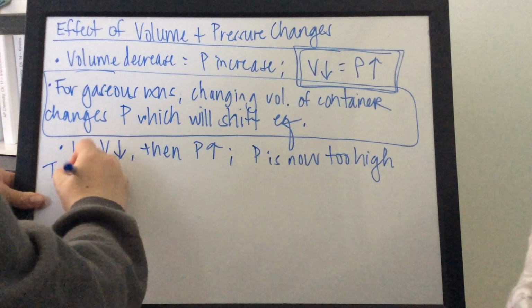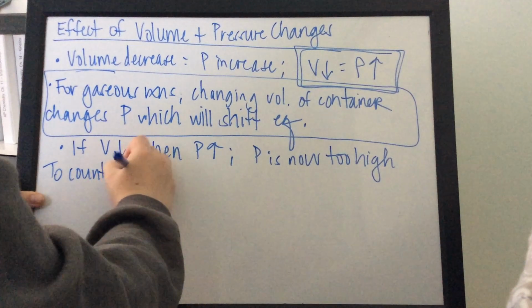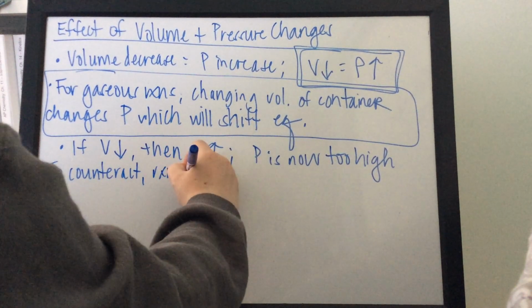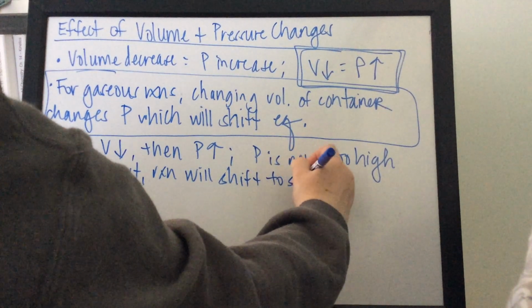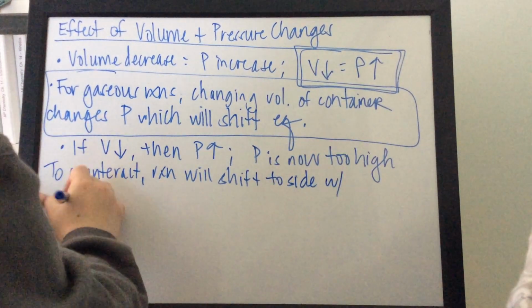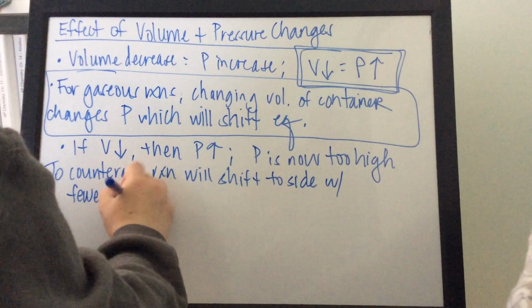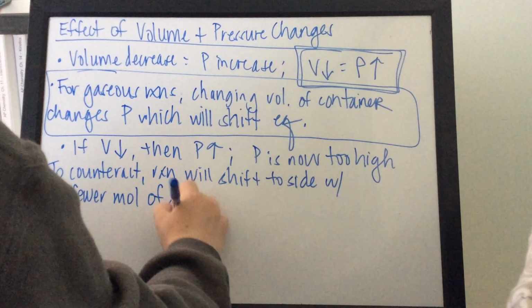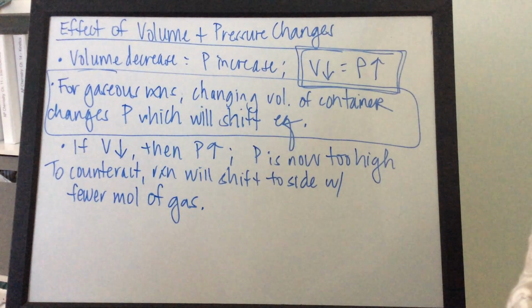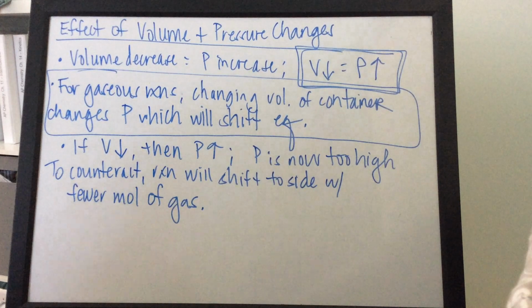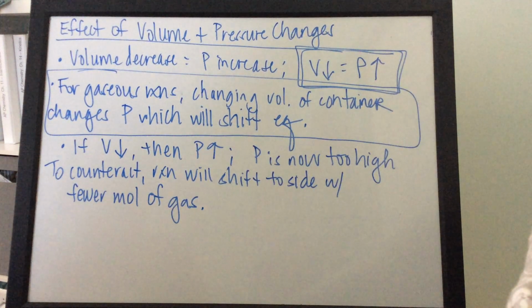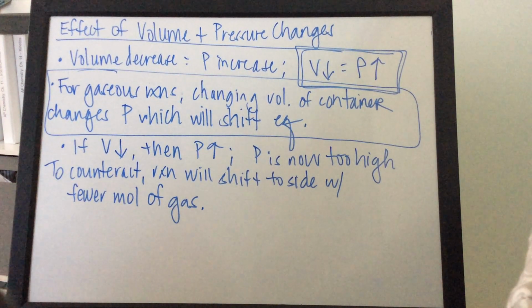So to counteract this, the reaction will shift to the side with fewer moles of gas. And we'll do an example. I can do an example and then I'll do the second bullet point.